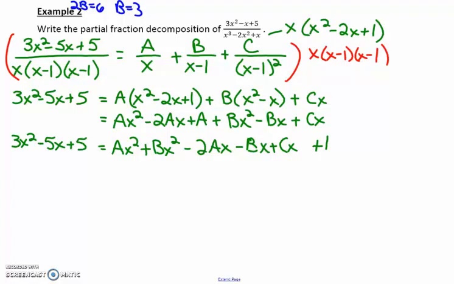All right, so now we know that 3x squared is equal to Ax squared plus Bx squared. Negative 5x is equal to negative 2Ax minus Bx plus Cx. And then 5 is equal to, oh, that should be a C. I don't know why I put 1 there.